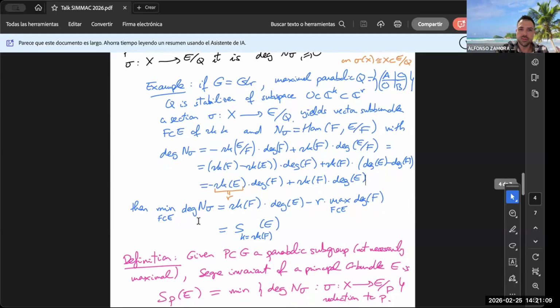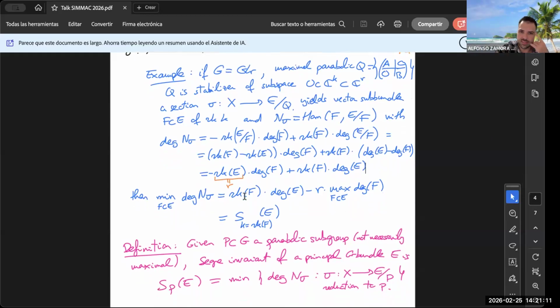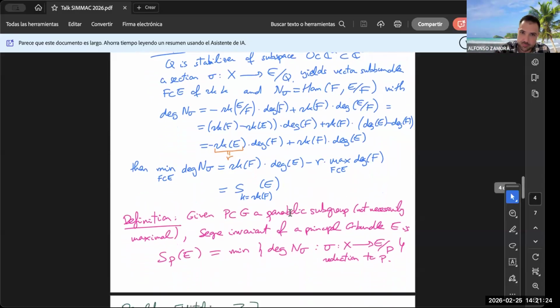So the minimum degree of a normal bundle exactly coincides with the value of the Segre function we defined for vector bundles. So in this case, this is why we call this a generalization to the principal bundles setting.